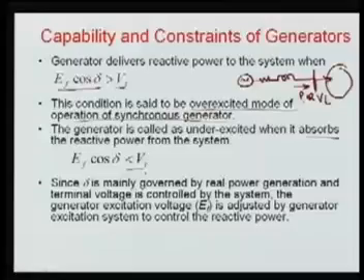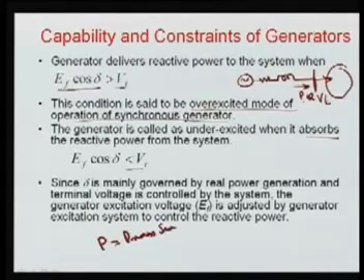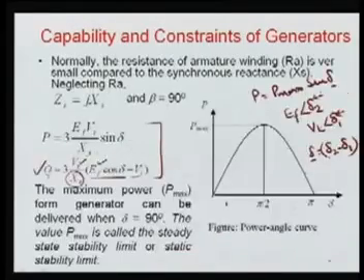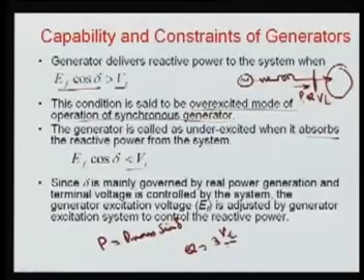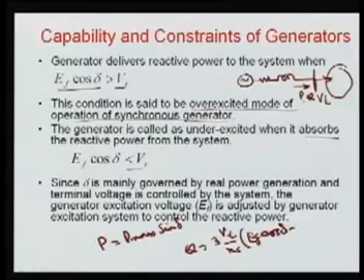So we can see one very good relation: our real power P is P max sin delta, and your reactive power is 3 times Vt upon Xs, times Ef cos delta minus your terminal voltage Vt.